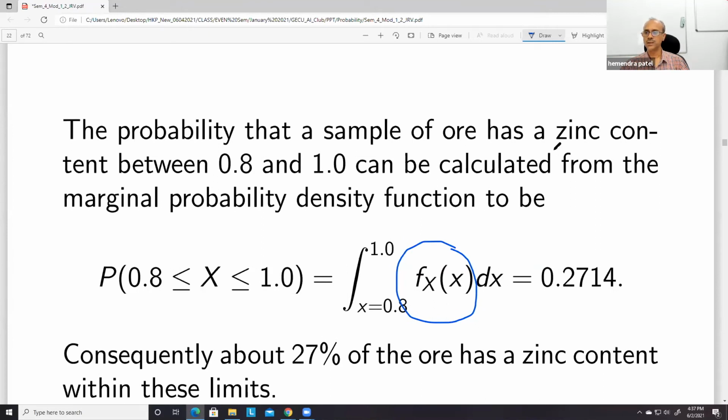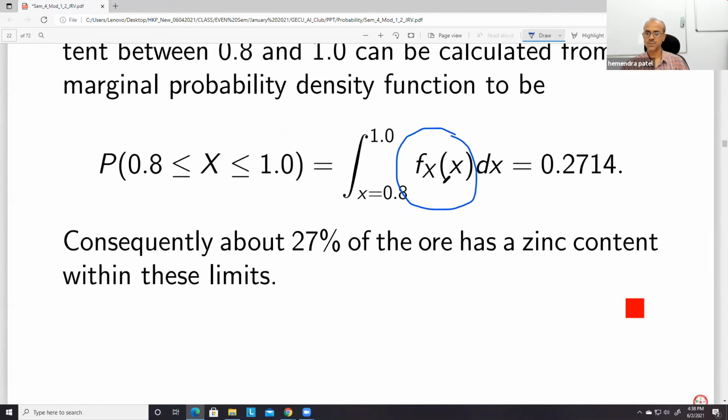So if you want to find the probability that zinc content lies between 0.8 and 1, you can calculate this with the help of the marginal distribution function. Not PDF, CDF. Oh, sorry, marginal distribution function. This is marginal. So this is 2714, and therefore 20% of our has zinc content within these limits.